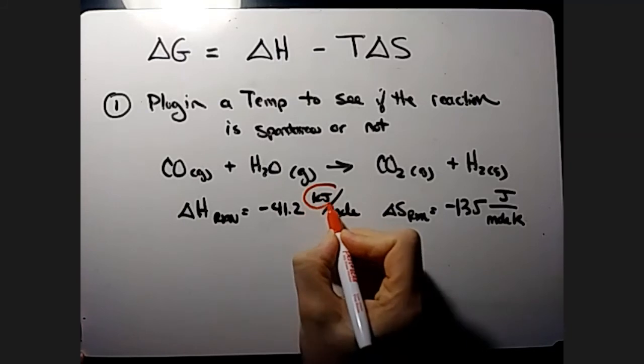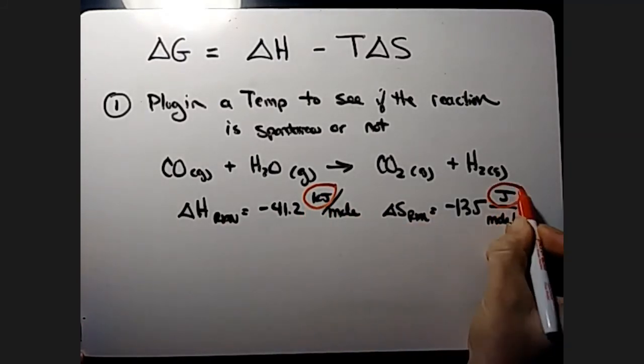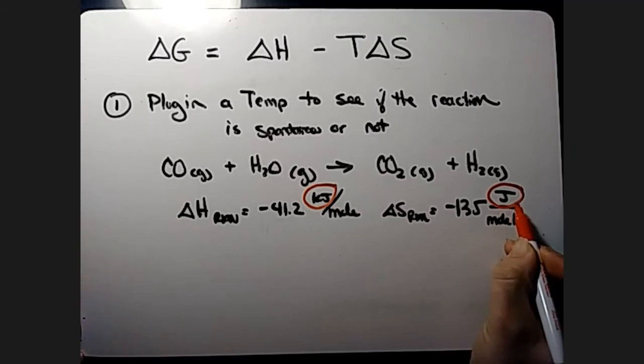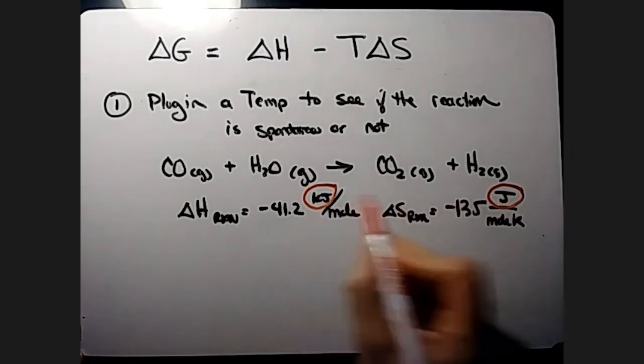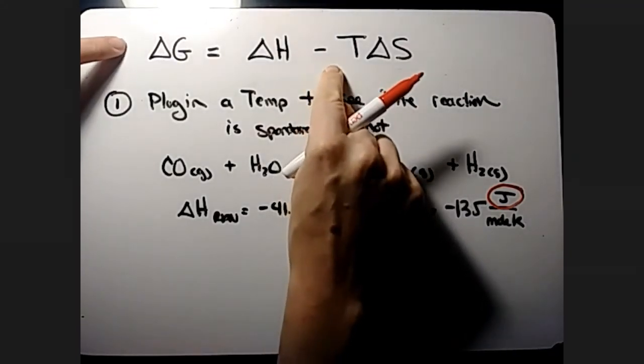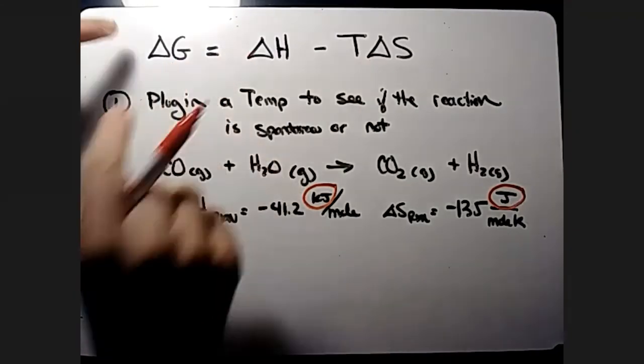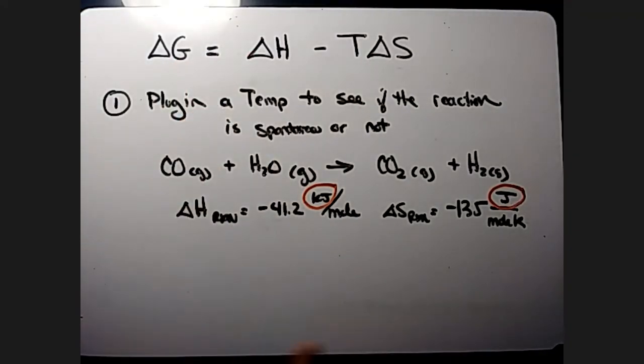Notice that the unit for the delta H is in kilojoules, but the S is in joules. We need to make sure that these two things have unit agreement to be able to plug them into this equation where we're calculating these delta G values. Otherwise, they're going to be out of whack.